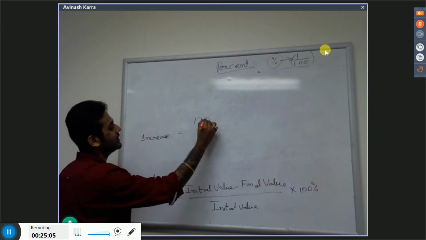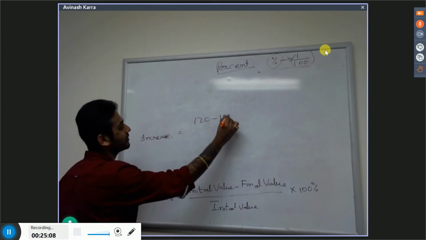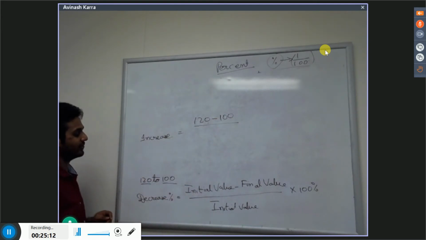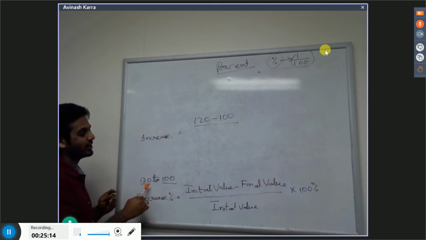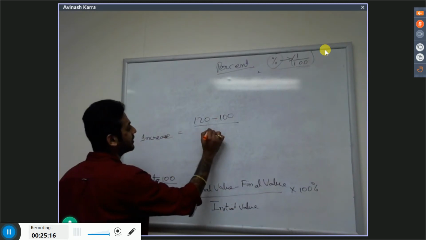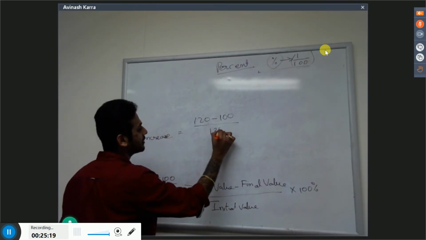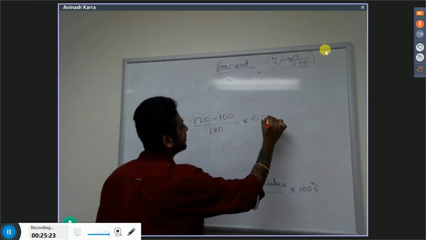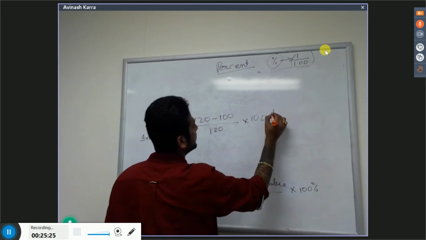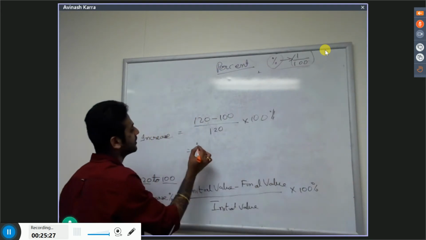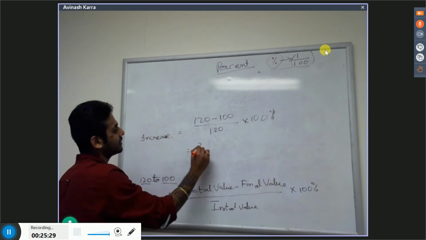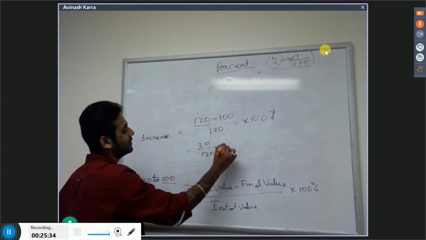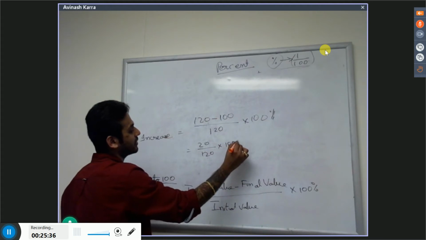So 120 minus 100 divided by the initial value, 120. It's not 100, it's 120, into 100. So if I simplify it, it becomes 20 by 120 into 100.